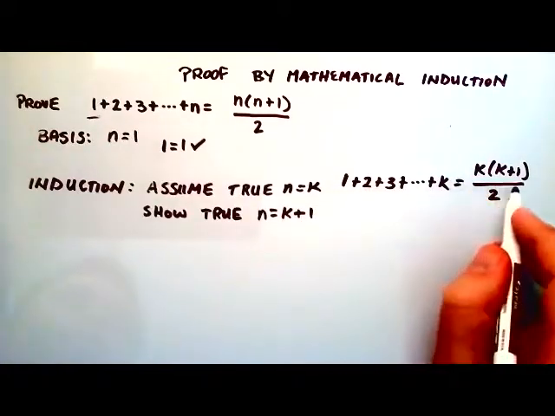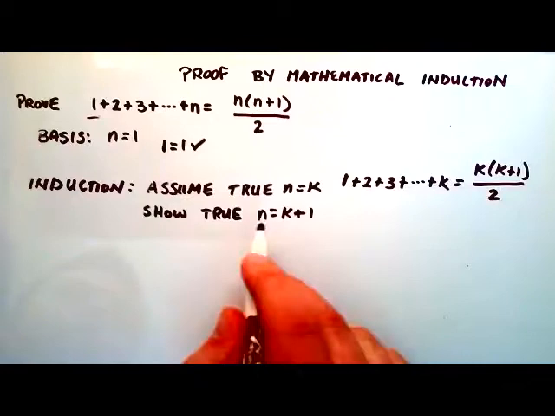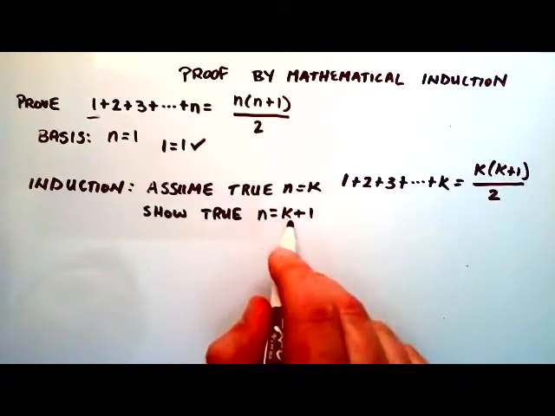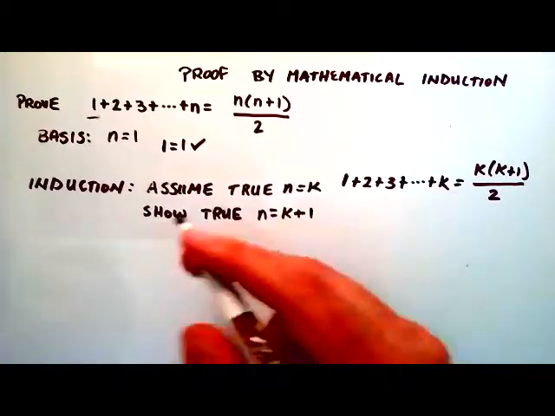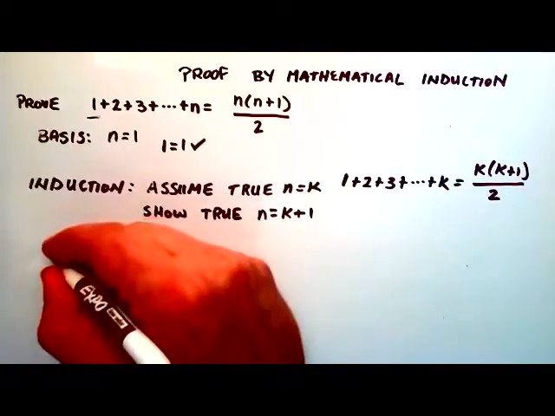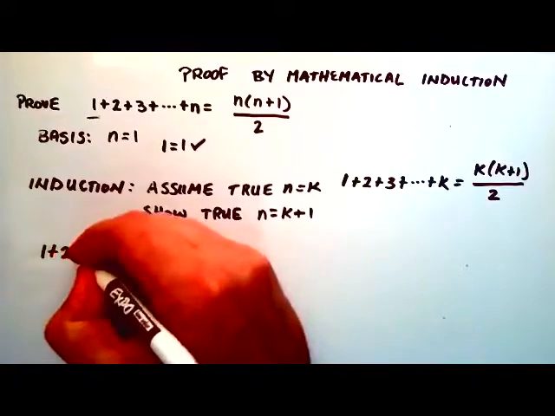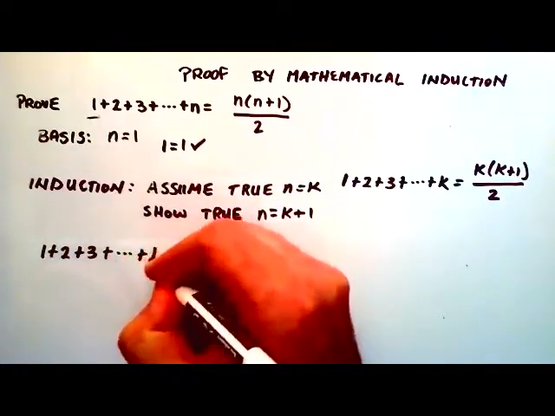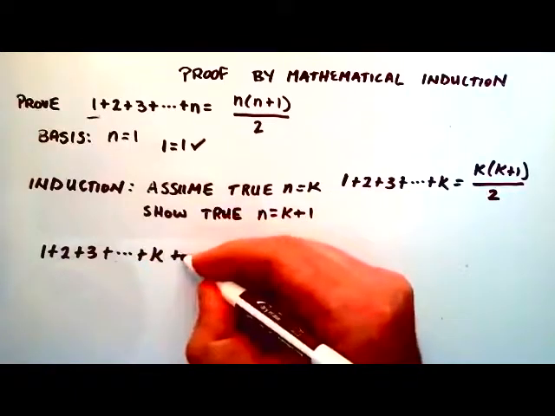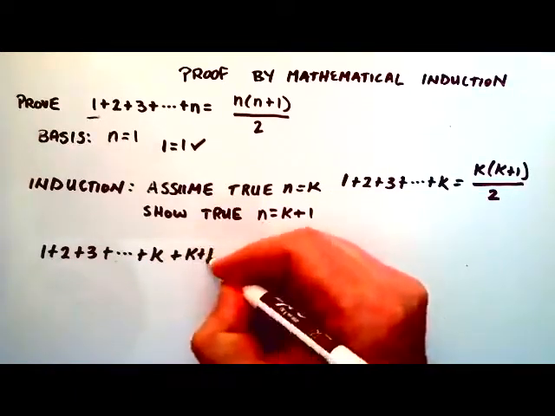We've assumed this step is true for n equals k. We're going to show that it's true for n equals k plus 1, and we're going to do that based off of this assumption. So for n equals k plus 1, we have 1 plus 2 plus 3 plus all the way up to k, and then we go one more further to k plus 1.